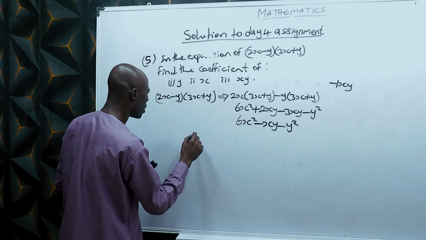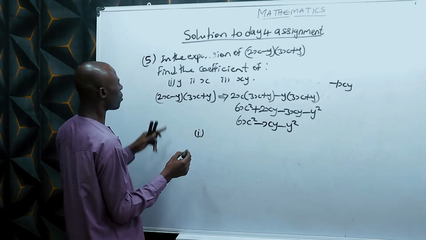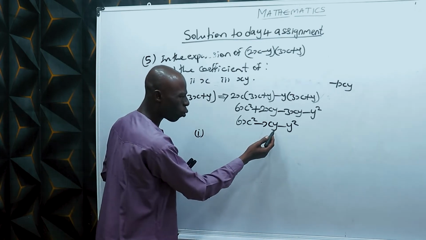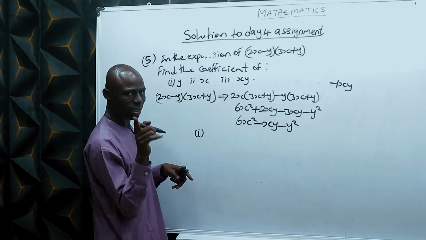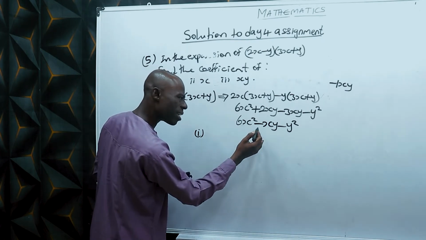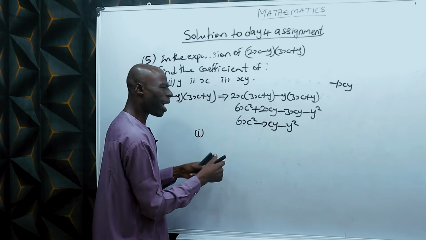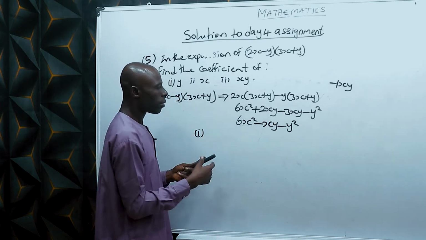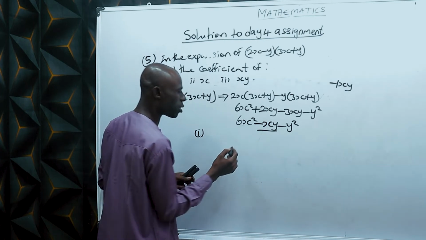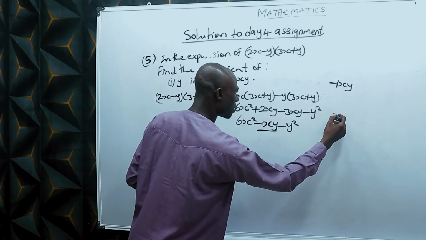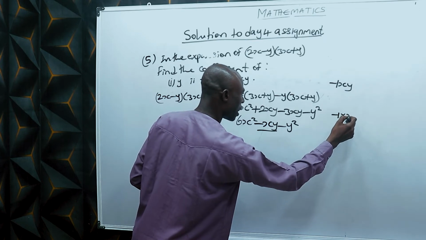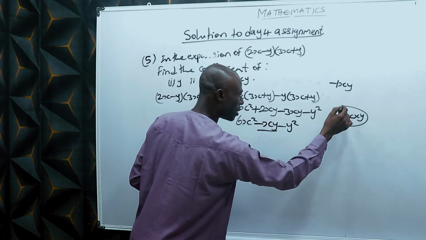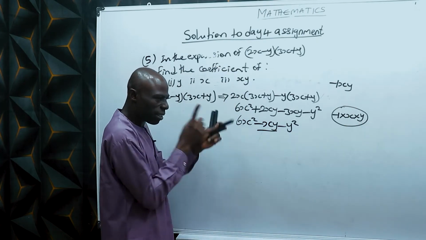Now, from this, Roman figure 1, what is the coefficient of y? Look at this very well. Coefficient of y is different from coefficient of y squared. Coefficient of y here refers to anything that is having multiplicative attachment with y. Let's see this middle term. We can rewrite it as minus 1 times x times y. They are having multiplicative attachment.